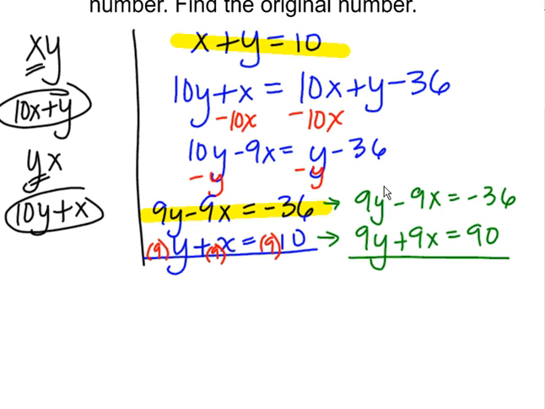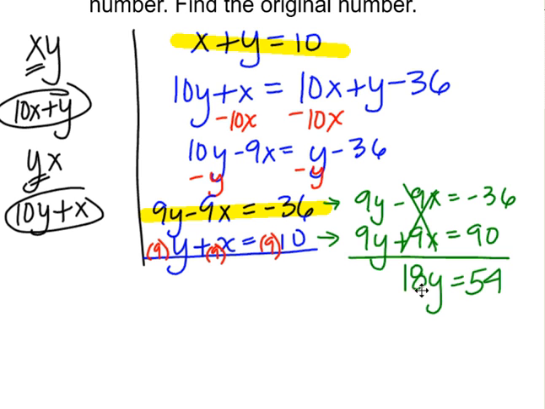When I add these two together, the negative 9x and positive 9x will go away. 9y plus 9y gives us 18y. 90 minus 36 is going to give us 54.